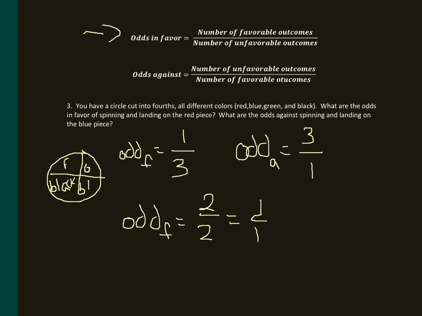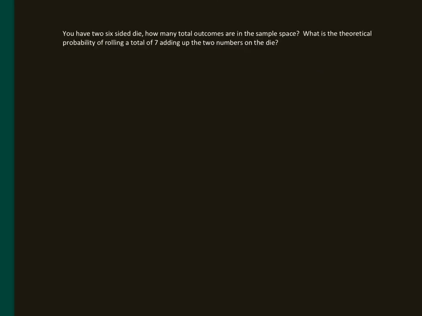Okay? So there's probability and odds and how to create everything with the sample spaces. So there it is. You have 2 6-sided dice. How many total outcomes are in the sample space? You're going to need to answer that. And then what is the theoretical probability of rolling a total of 7, adding up the 2 numbers on the dice?